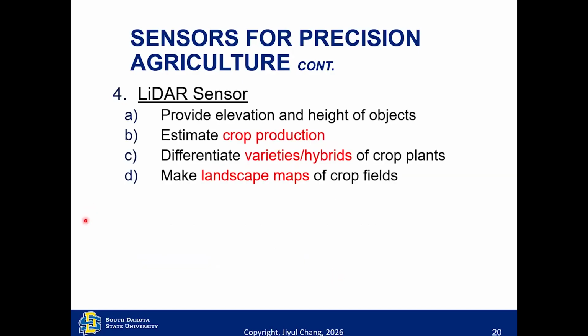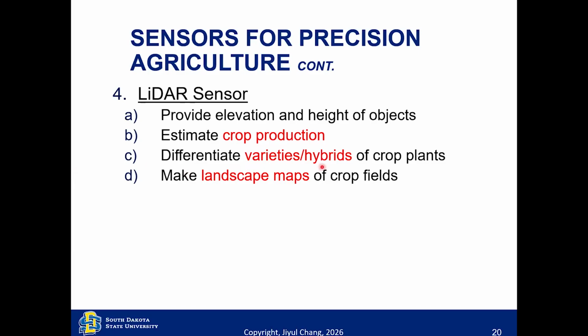Last one is the LiDAR sensor. LiDAR is a kind of laser. They shoot the laser from the sensor and measure the reflected laser, so it's a very, very fine data set. You can measure the distance, or the height of the crop plant or height of buildings, to provide the elevation and height of objects and estimate crop production, because based on research, the height of the biomass is highly positively related to crop production.